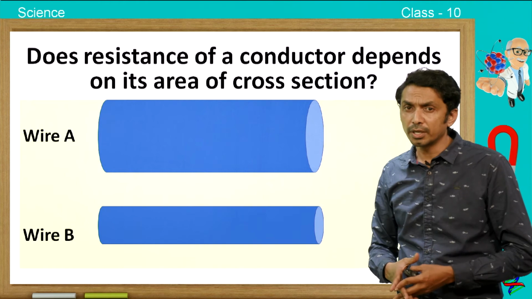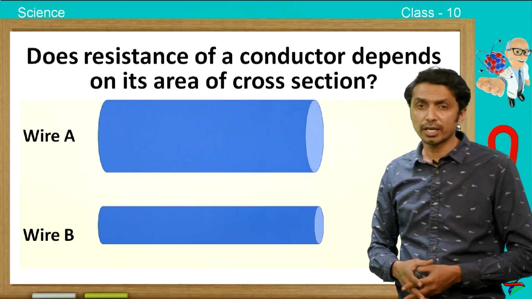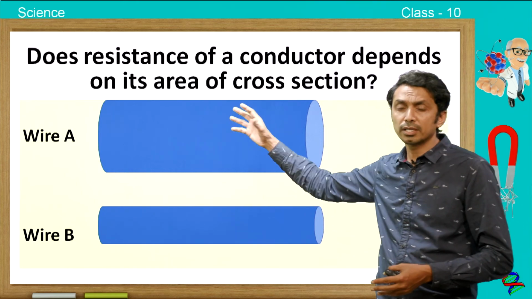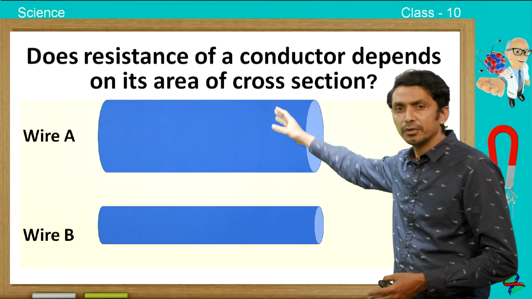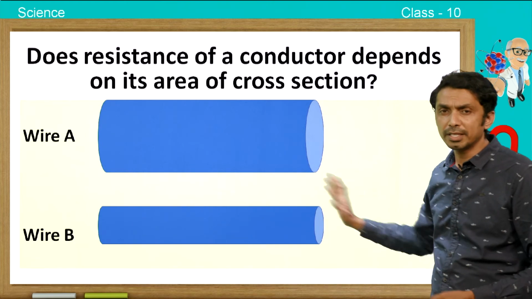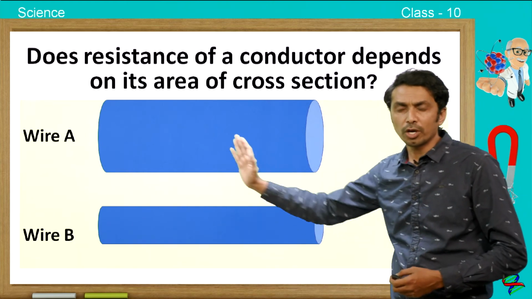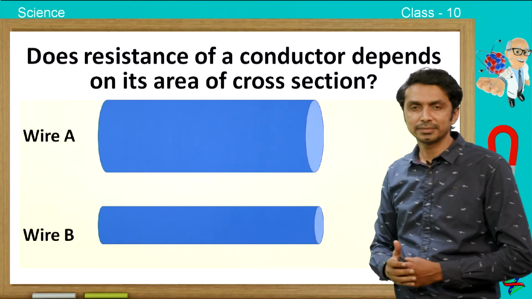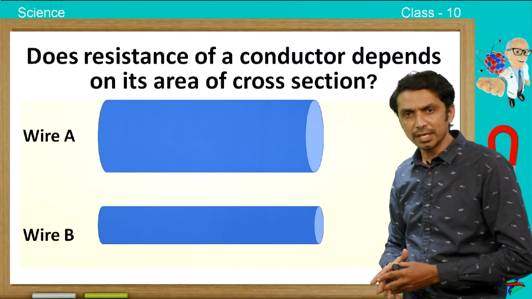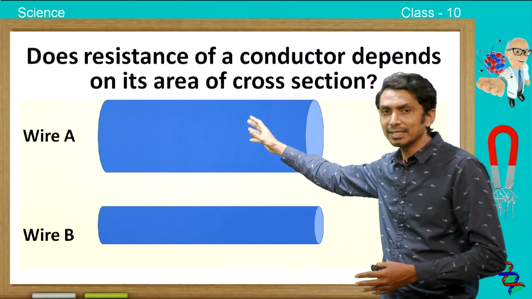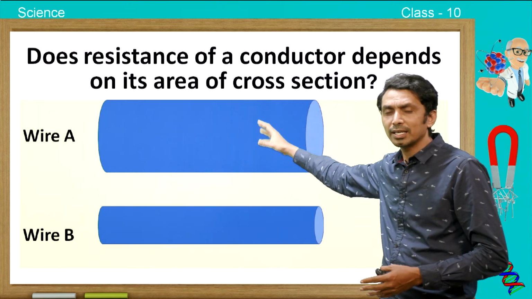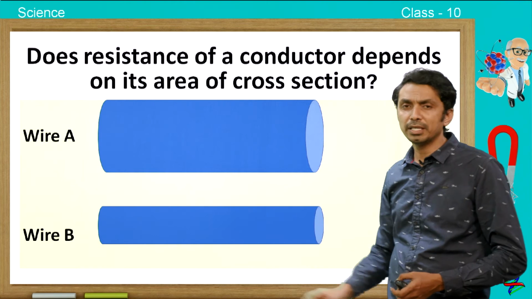Children, here is a question. Does the resistance of a conductor depend on its area of cross section? As you can see, these two wires are made of the same material, and what about length? Are they the same? Yes, the length is also the same. What is different in these two wires? Yes, wire A is thick whereas wire B is thin.